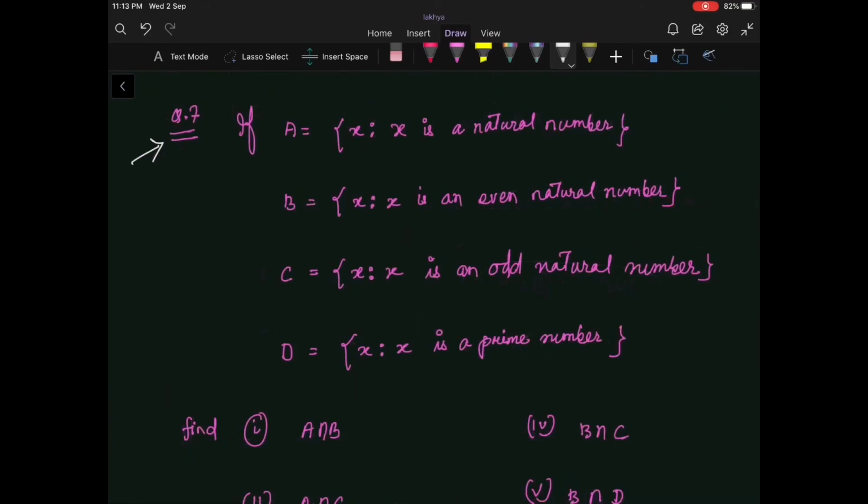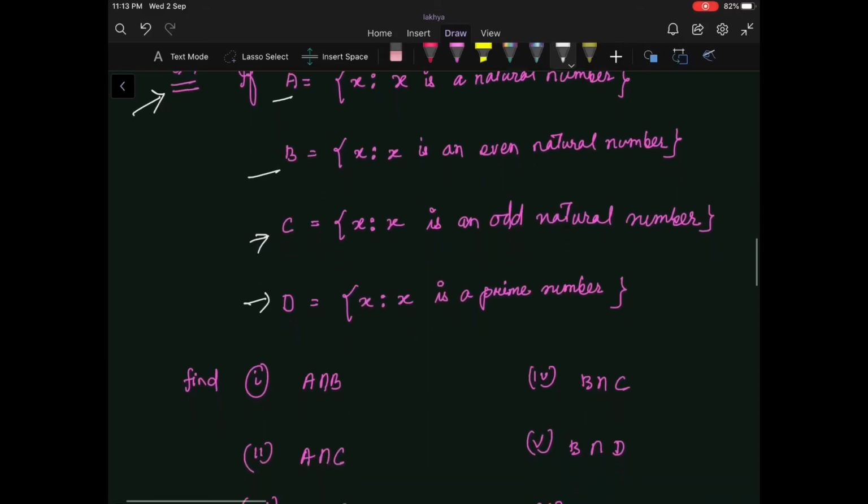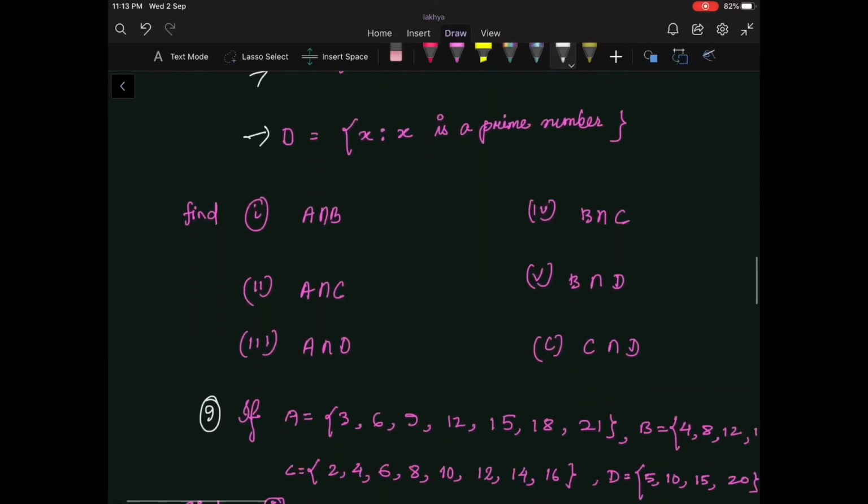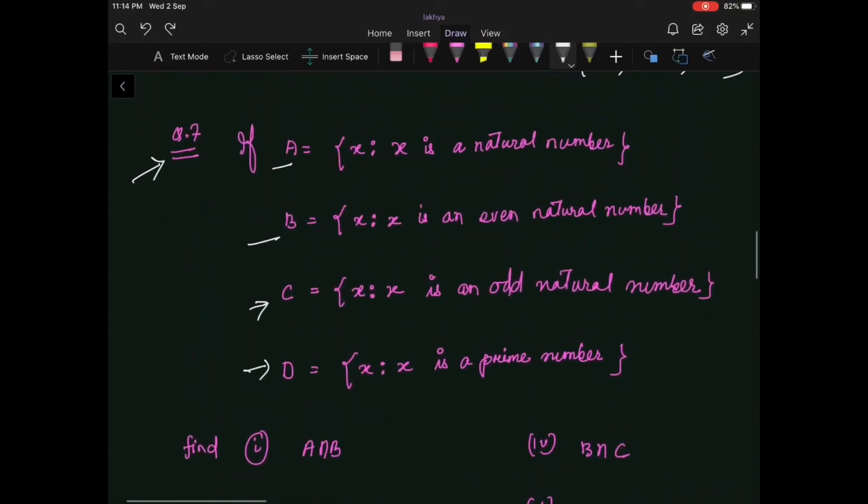Question number 7. Okay, so here we have sets A, B, C and D. 4 sets are given. Then we need to evaluate those. Here you see set A is a set of X such that X is a natural number. That means it is a set of 1, 2, 3, 4 ... and B is a set of X such that X is an even natural number.